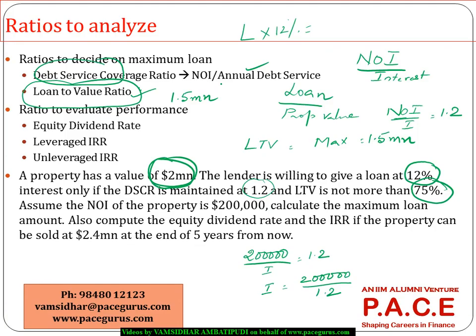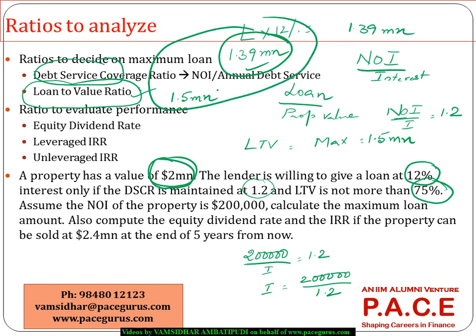So as per the debt service coverage ratio approach, I can be given only 1.39 million. Overall, the maximum loan I can get is only 1.39 million, which is the lower of these two. This is how the debt service coverage ratio as well as the loan to value ratio are used to decide the maximum loan amount.